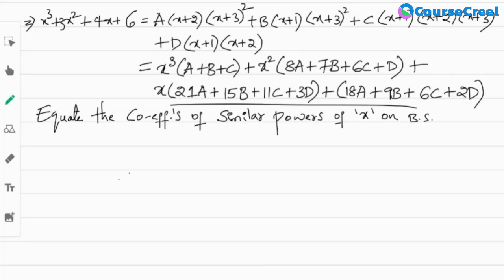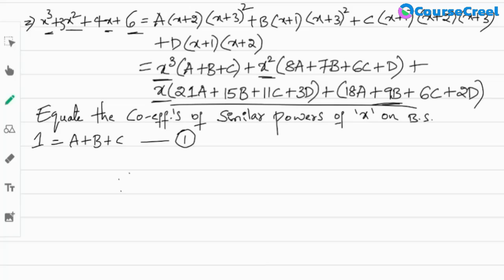That means equate the coefficients of x³ on both sides, equate the coefficients of x² on both sides, equate the coefficients of x on both sides, and equate constant terms on both sides. So by doing like this, we get 1 is equal to A + B + C. This we got by equating the coefficients of x³.